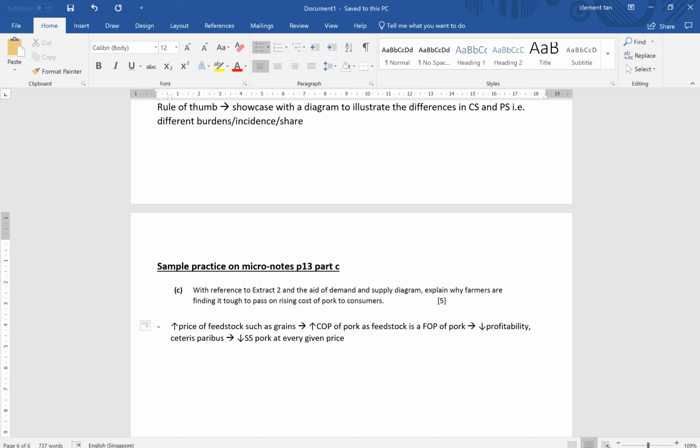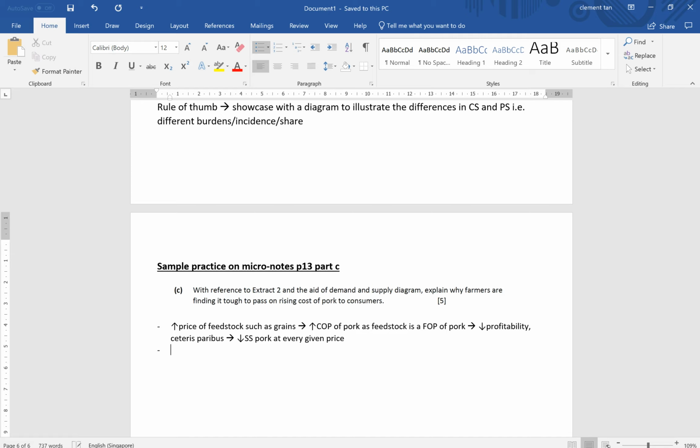Now, when we say farmers are finding it tough to pass on, who bears a bigger burden of the rising cost? Farmers or consumers? Farmers, right? So you know that means that the PS is more inelastic than PED.